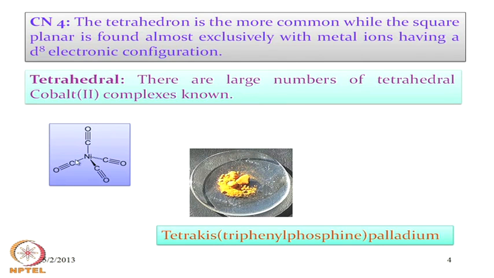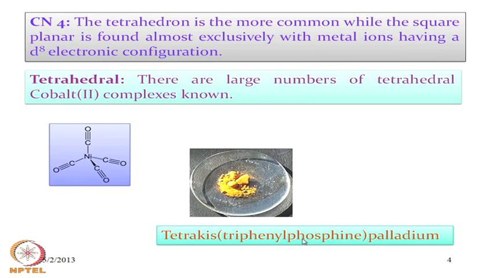So, like surrounding the nickel center by 4 carbon monoxide molecules, we get the tetracarbonyl nickel center. Similarly, one bulky phosphine ligand we are introducing here.